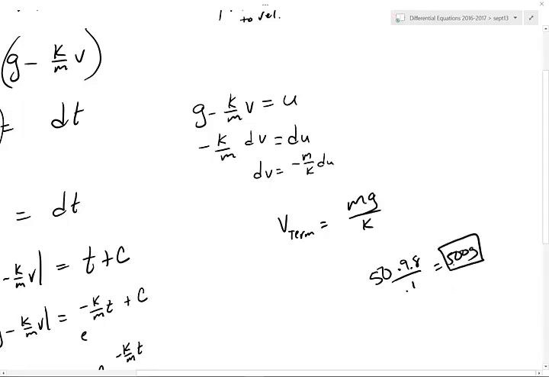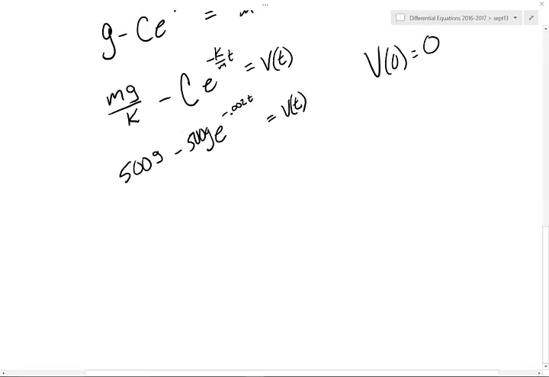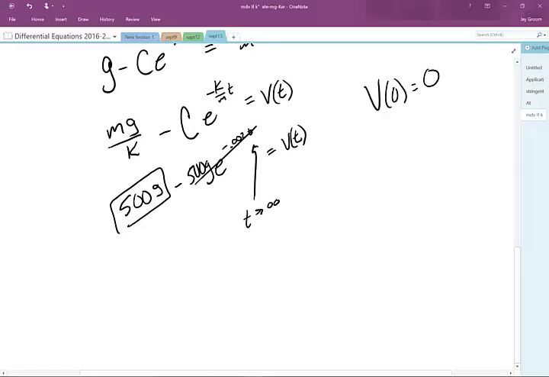That's your terminal velocity. And it makes 100% awesome sense, because what happens as t goes to infinity? What happens to this guy? This piece goes to 0, yes? And voila, there's your terminal velocity. So we'll monkey with these a little bit in the next few days. You're going to see them. It's going to be a good time.